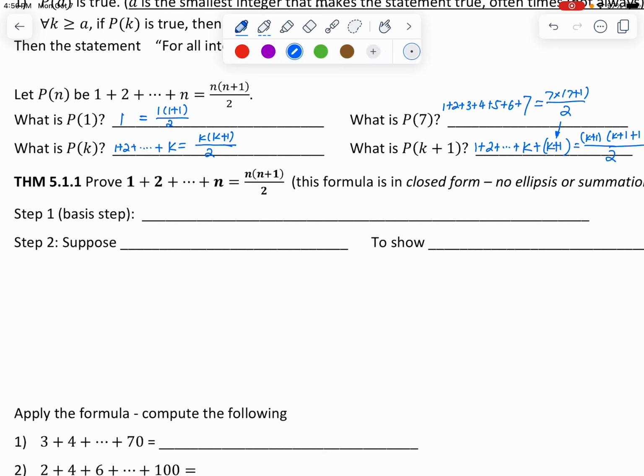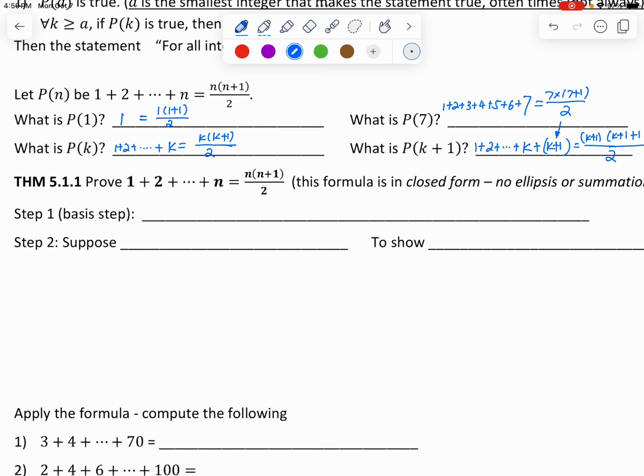So this is not closed form because there are ellipses telling you the pattern, and this is not closed form because there's a summation notation there, and this is in the closed form because it's just a simple formula without ellipsis and summation notation.